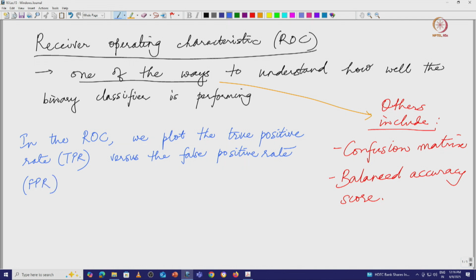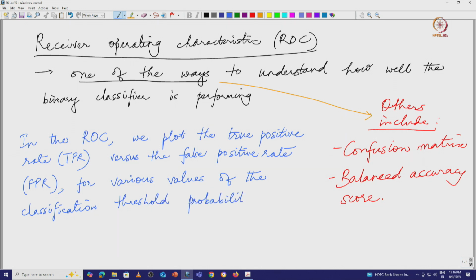And this plot is done for various values of the classification threshold probability, which we had denoted in the previous class as P star, right.